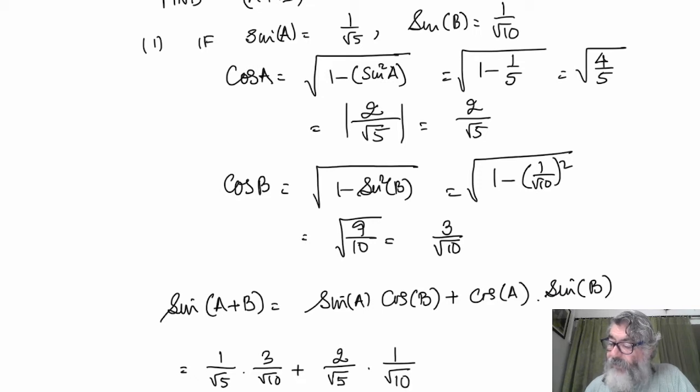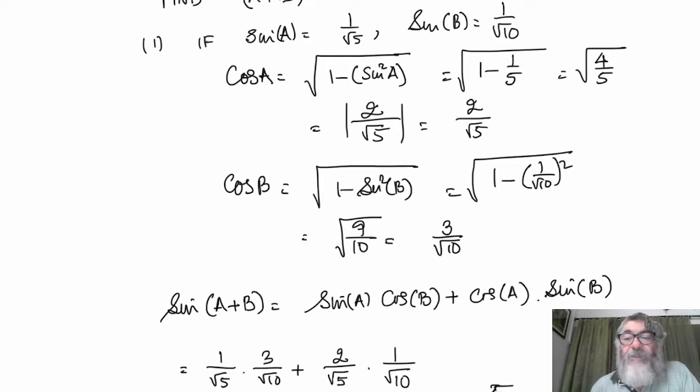So your denominator is root 5 into root 10, that will be root 50, and 3 plus 2 will become 5 upon root 50.